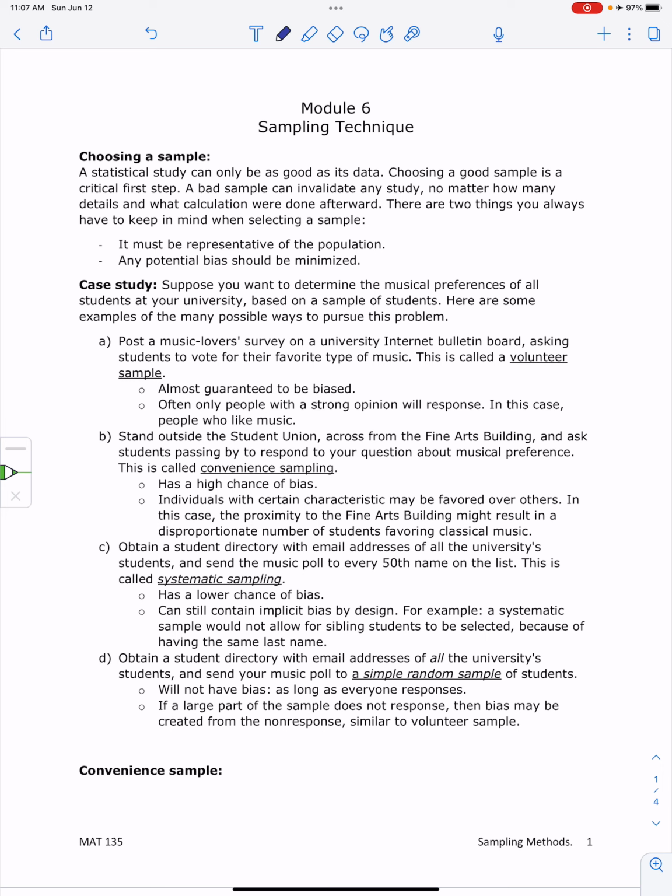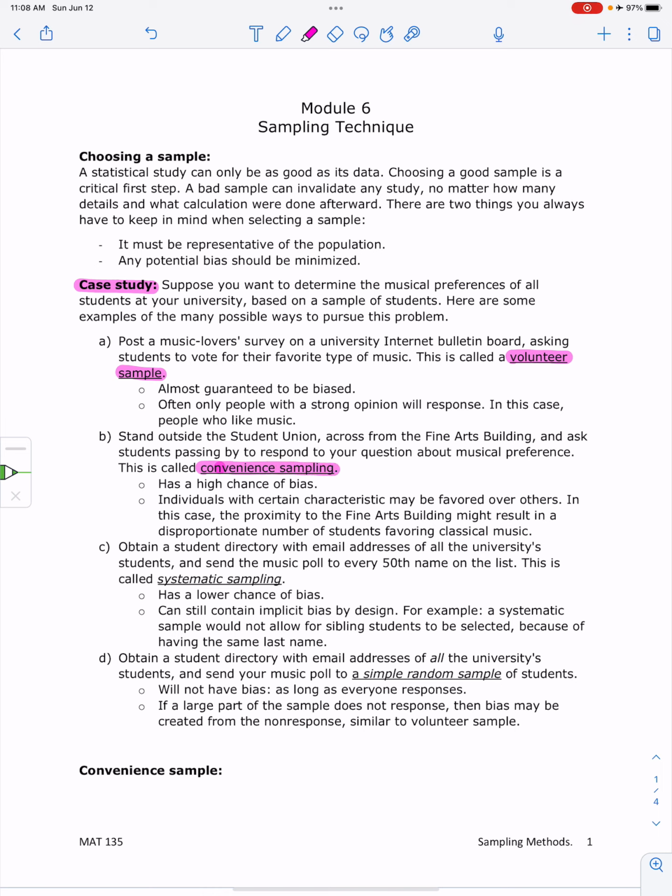Okay. So to start here, we're talking about a case study. We are looking to determine musical preferences of students at the university. These are not the only ways we could sample students, but this gives you an idea of what we're talking about. Here, we acknowledge what a volunteer sample looks like. Our respondents are volunteering to participate.